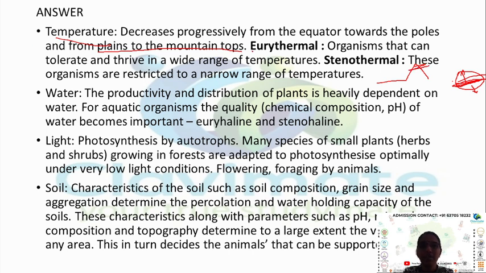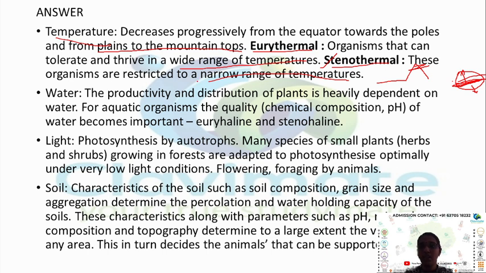There are two types of organisms, eurythermal and stenothermal. Eurythermal are organisms that can tolerate and thrive in a wide range of temperatures. Stenothermal are organisms that can tolerate only a narrow range of temperatures.